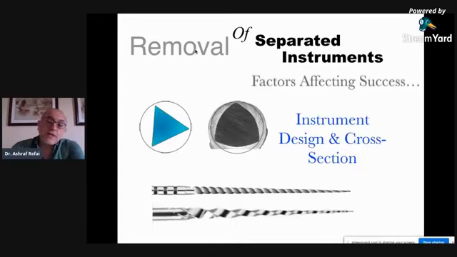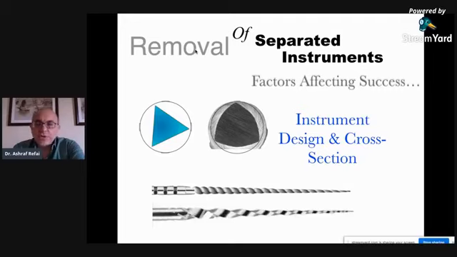The instrument design and cross-section, this is also very important. If you look back at our earlier slides, the more recent instrument designs have very large helical angles. That means, to make it a little simple, the spaces between the flutes are much larger. That means even in case these instruments engage with the dentin, there's still a lot of space in the flutes to allow for passage of instruments in the case of bypass or trials at removal.